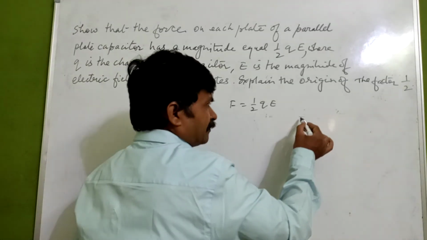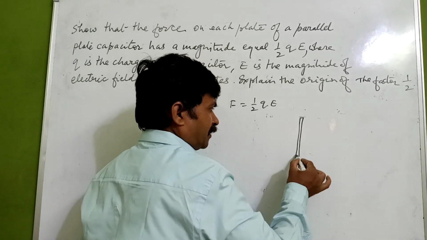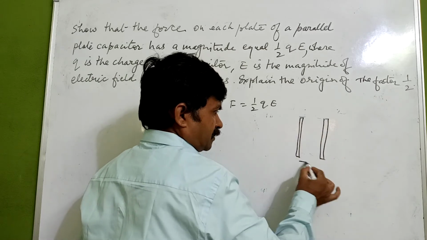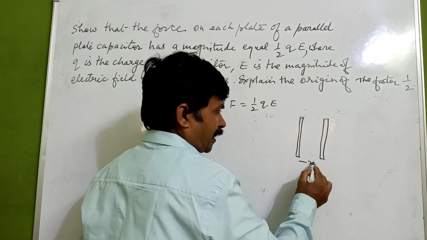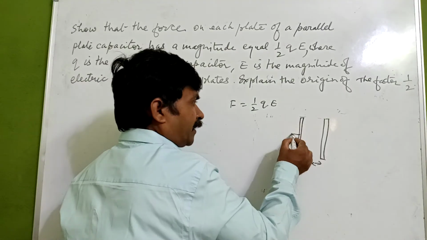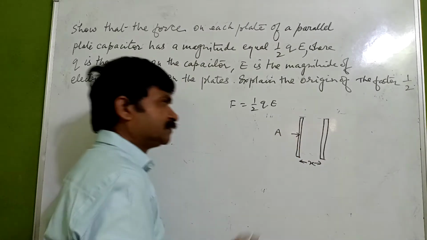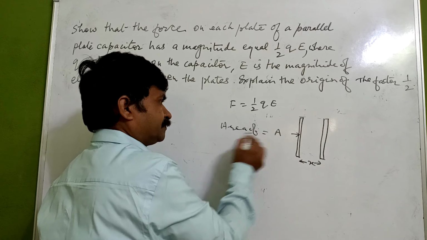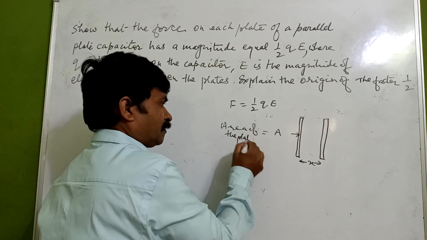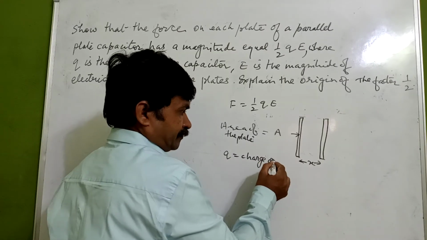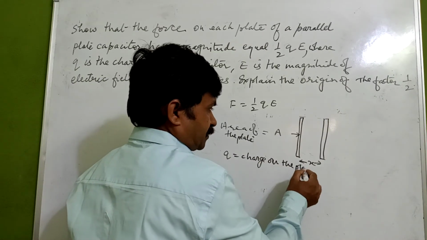Now suppose we are having a capacitor, definitely it will be like this, and the distance between the plates we are assuming x. Okay, and the area of the plate is A. Q is the charge on the plates.